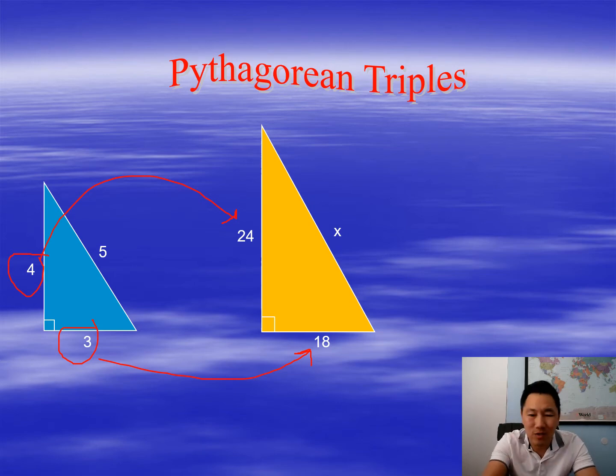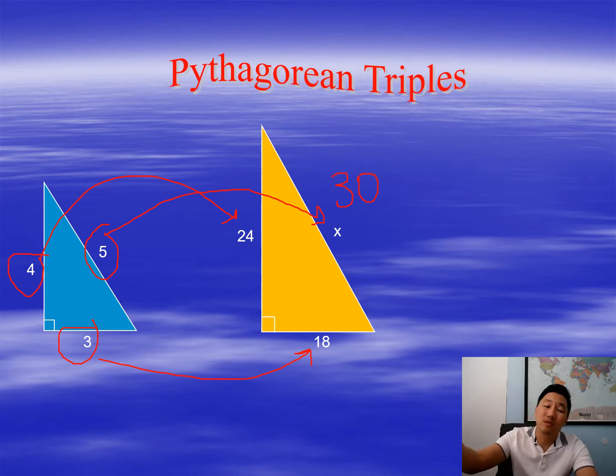And so without having to do much work, you can figure out that if you multiply 5 by 6, you'll get 30. So it's kind of like a shortcut. Instead of having to do out the whole problem, sometimes it fits the Pythagorean triple, the 3, 4, 5. And so any multiples of the 3, 4, 5 will work.